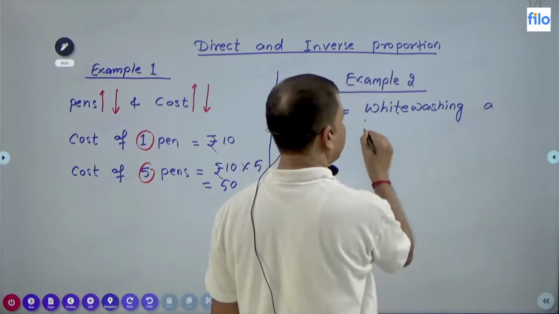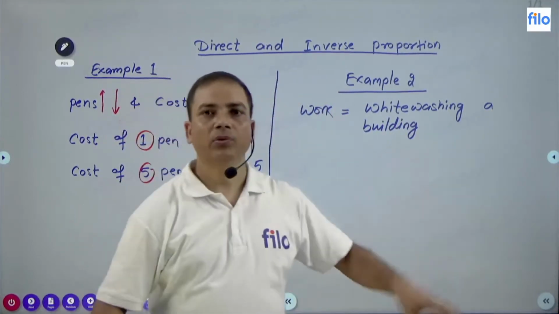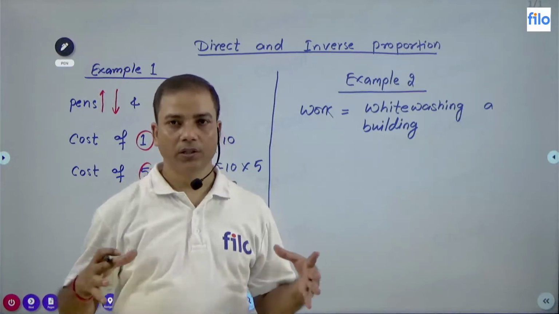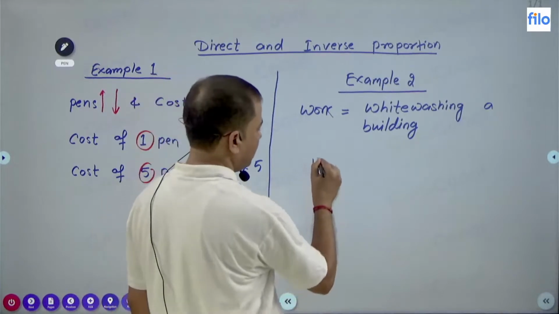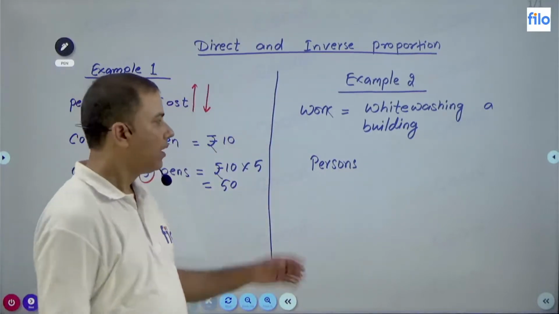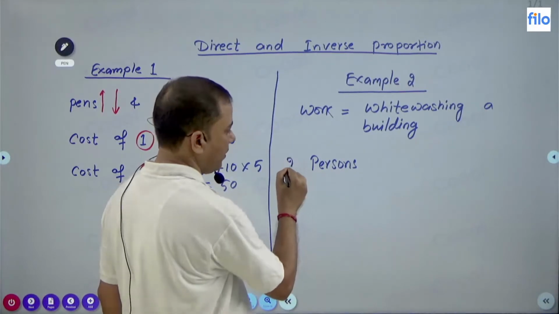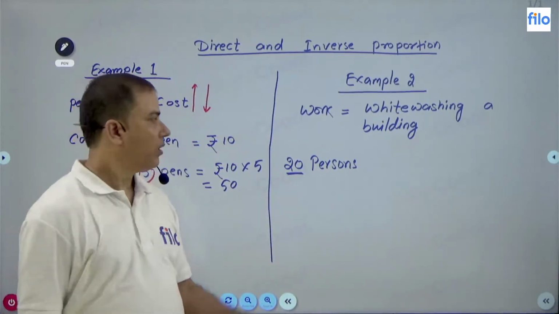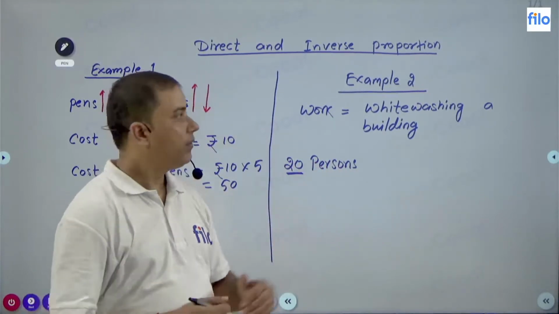Whitewashing a building. Suppose you have to whitewash the building in which you live. You want to get it whitewashed, so you hire some persons. Let us say you hired 20 persons.